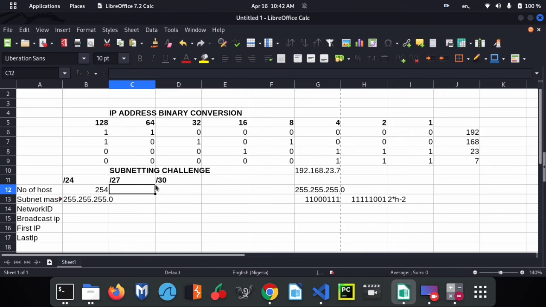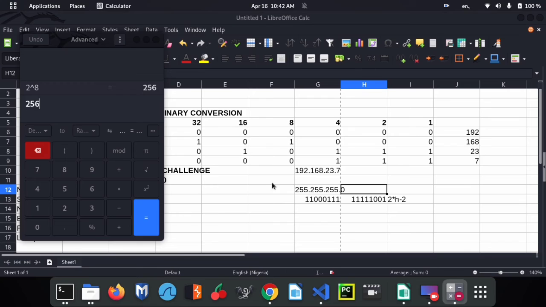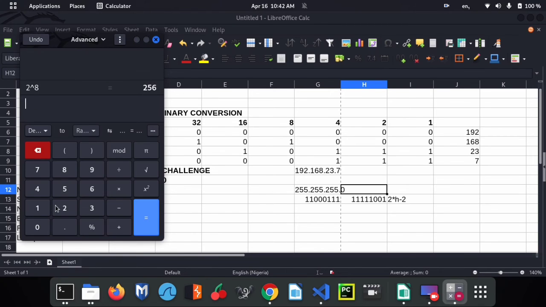So we have 8 here, 16 here, 24 here, and the last one here we have 24 plus 3, which makes it 27. So we're going to be left with 5 bits. So 2 raised to the power of 5, I think that should give us 32, but let's confirm.